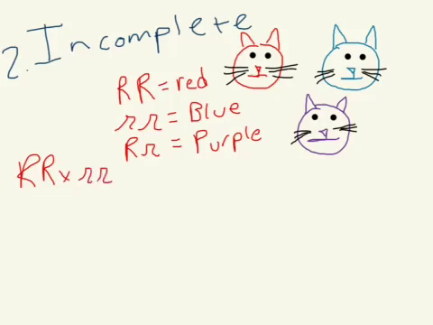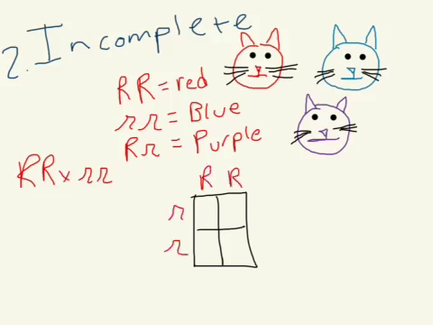So now we'll set up our cross, and we have our parents on either side, and then we just do our cross like we normally would. The big R's come down and the little r's go across.